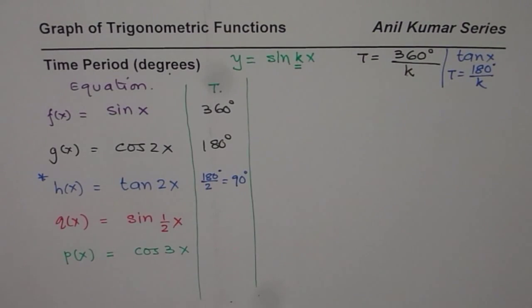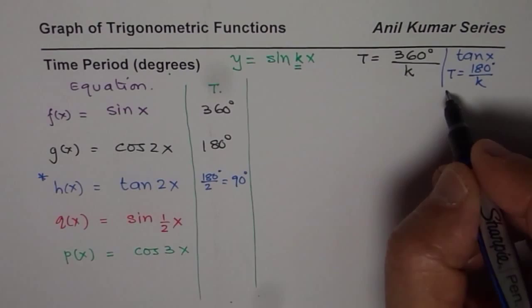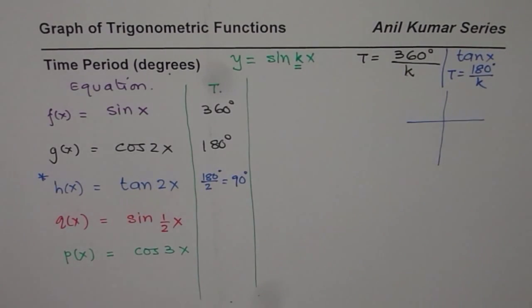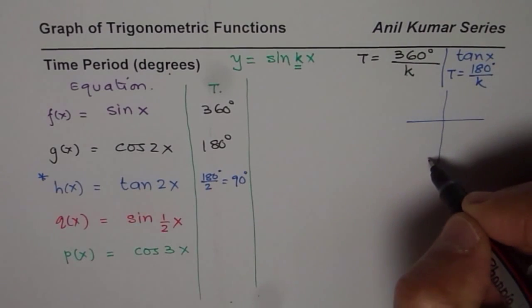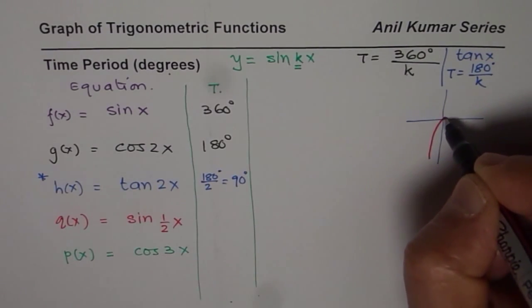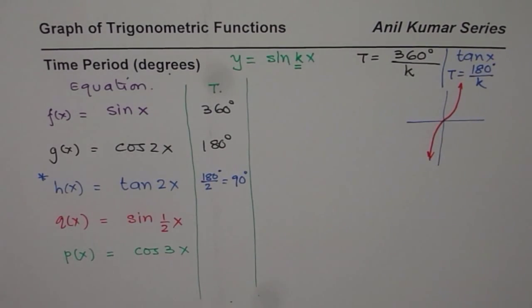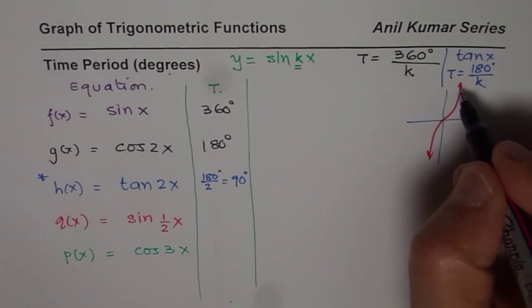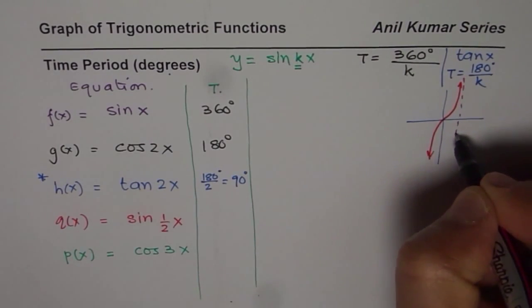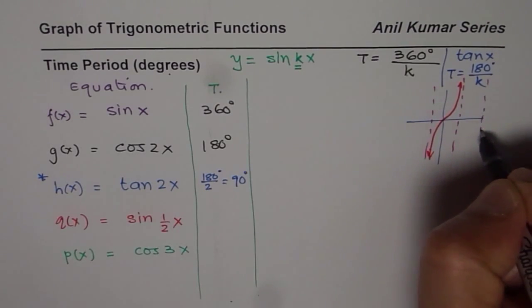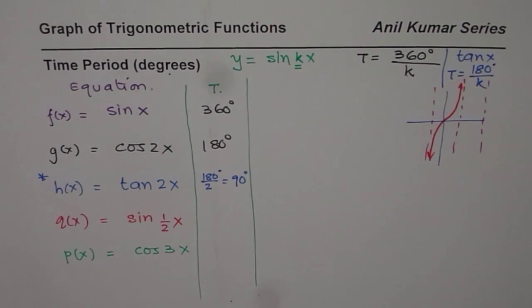So let me sketch the tan graph here. You know, it'll be handy. So basically, the tan graph is kind of like this. It has vertical asymptotes where cos x is 0, right? These are vertical asymptotes which occur after every pi, right?